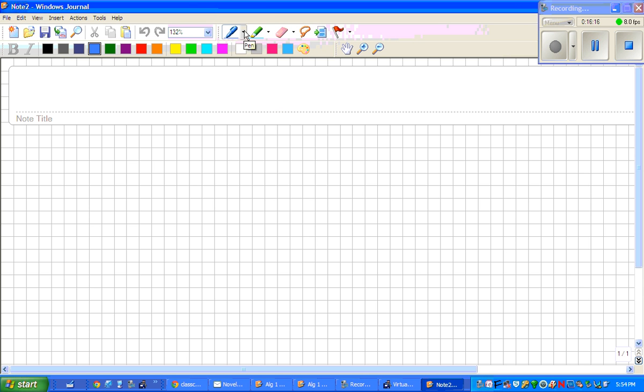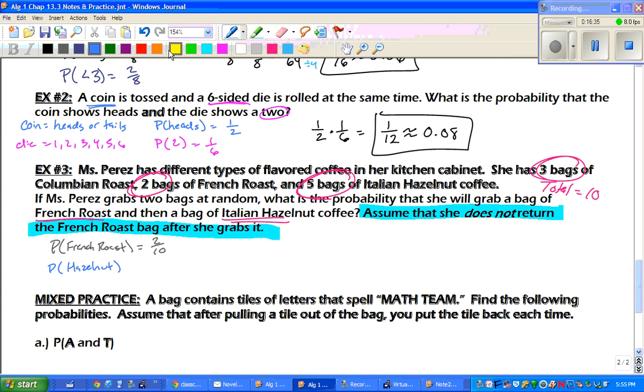Now, how many bags of coffee did she start with? Well, she started with 10 on the first time she grabbed it. But what did she do? She took one away. So now the second time there are only 9 bags. And this is where we have to pay super close attention. Because the probability of a hazelnut is not now 5 out of 10.